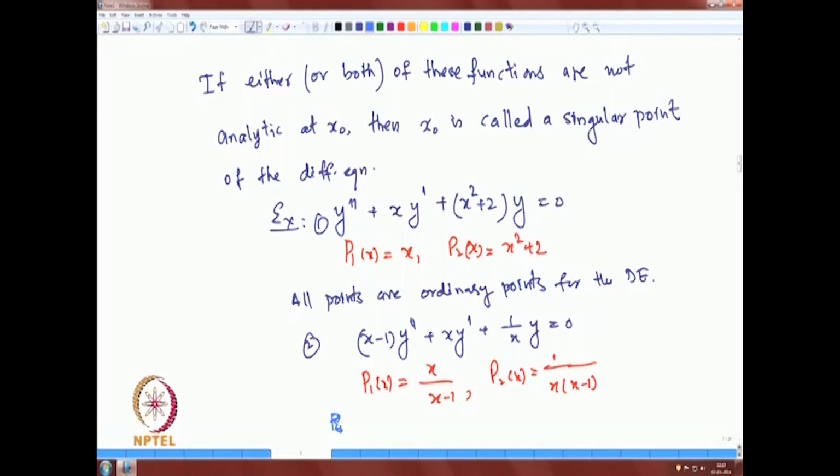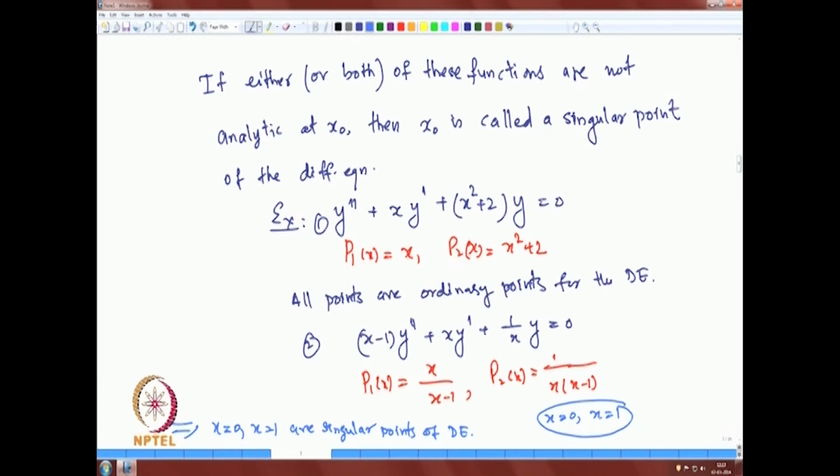For p2, x is equal to 0 and x is equal to 1 are points where it is not analytic. Therefore, the conclusion is that 0 and 1 are the only singular points of the differential equation.